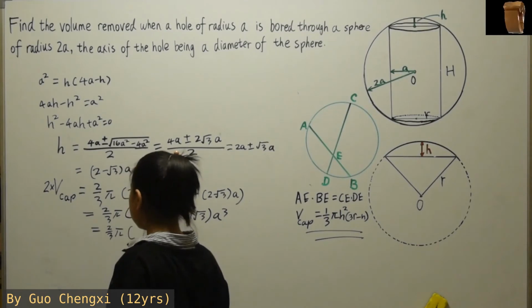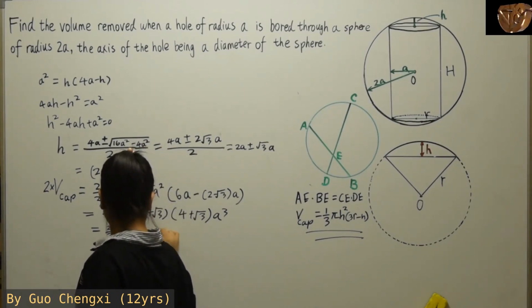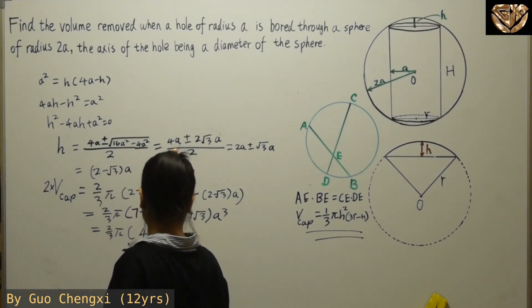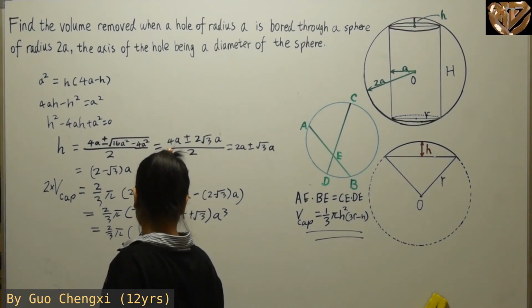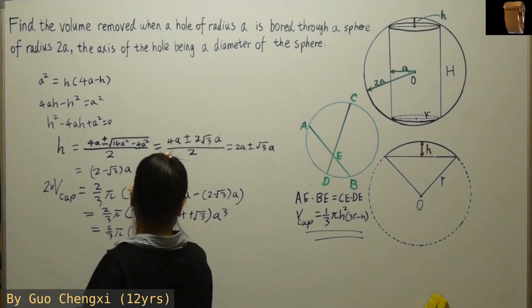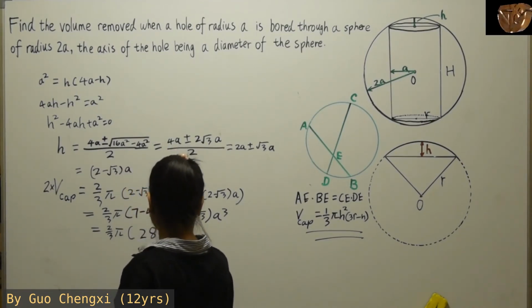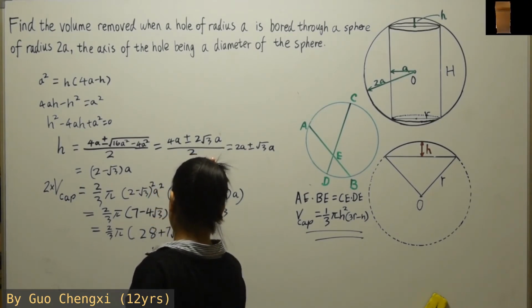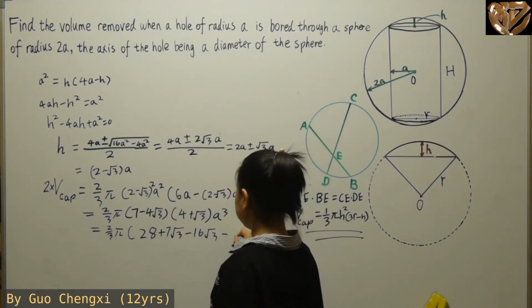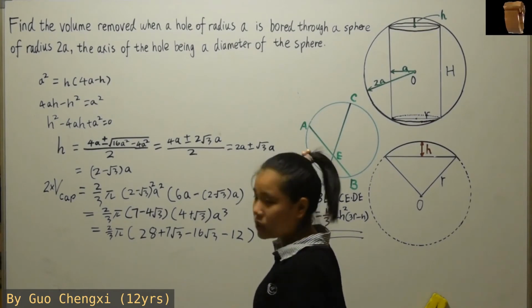So give me a second. So for this part, it's basically this over here times this, which will get 28, then plus 7 square root 3, then after that here you minus 16 square root 3, and then after that you minus 12 over here.